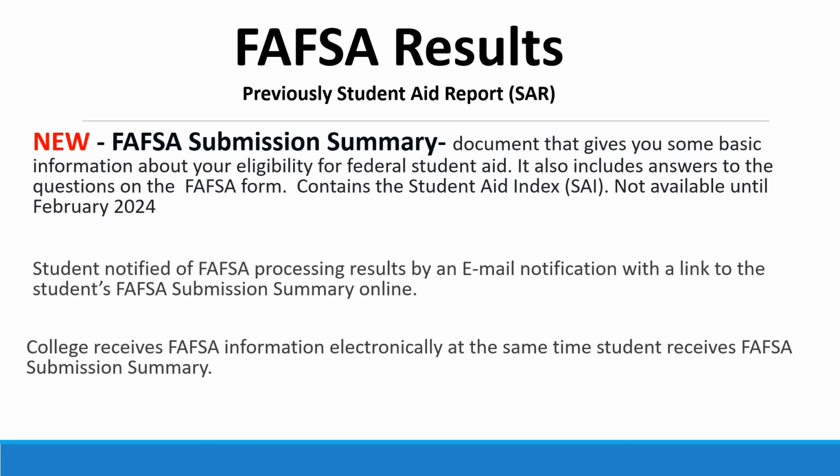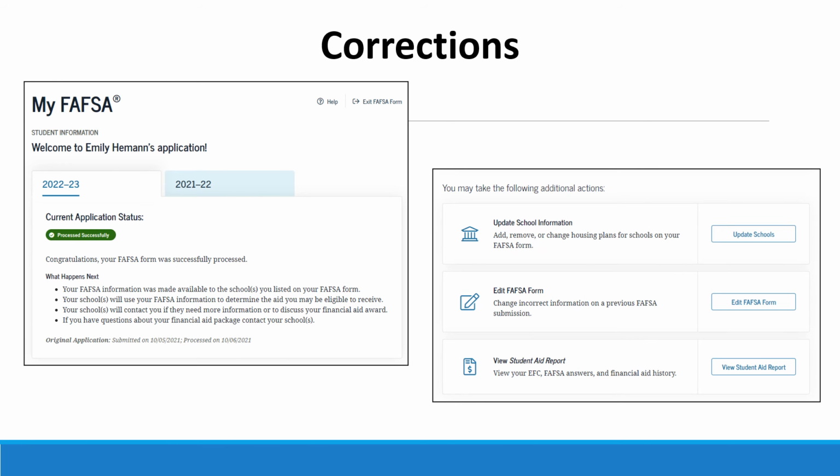Student will receive an email when this FAFSA submission summary is available to them. They will have to log in using their username and password to access their information. At the same time that student receives the email, the college also will receive that information electronically. This is a last year screenshot.